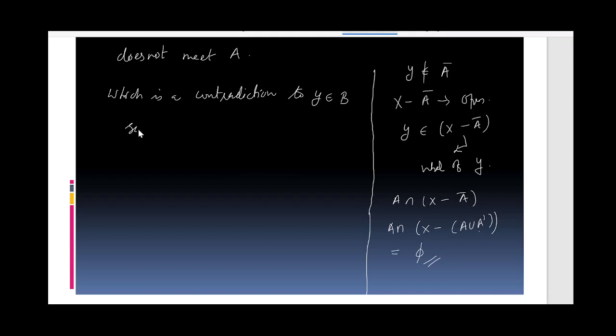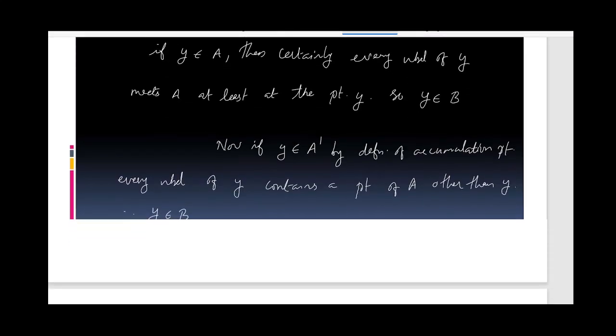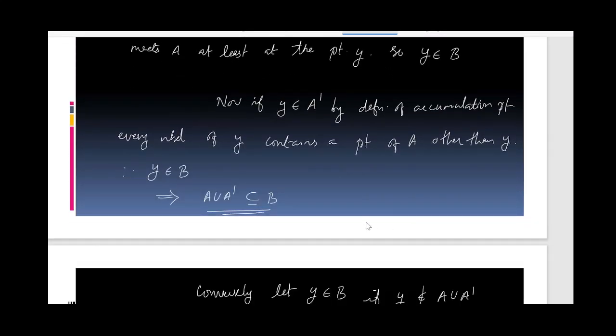So what are you having? B is contained in A union A dash. From these two facts, call this B, and previously we have proved this one, call this A. Now from A and B, what you will get?